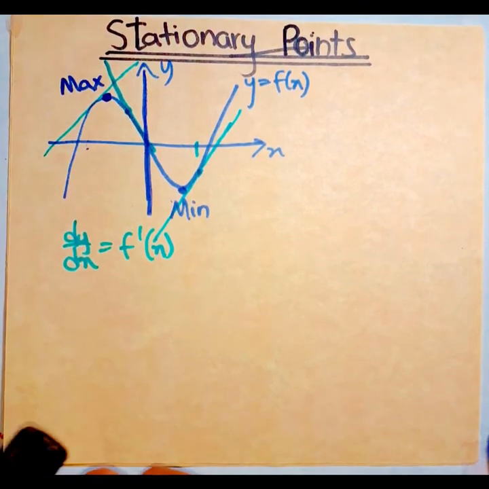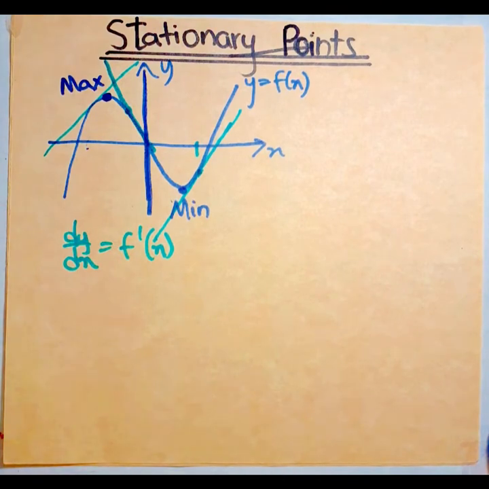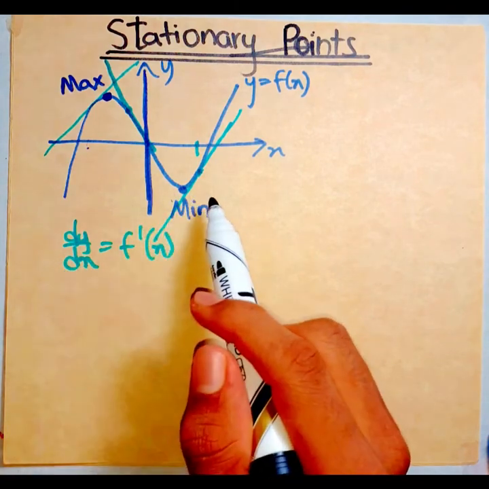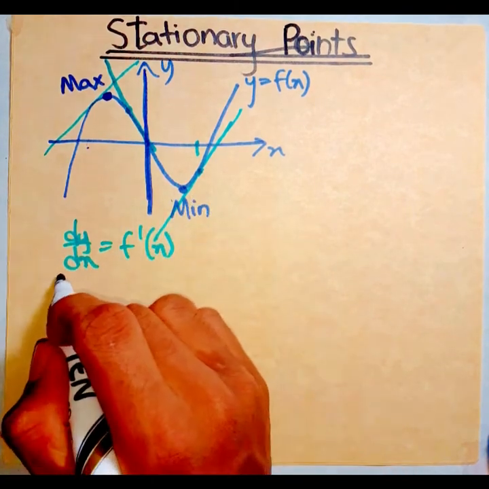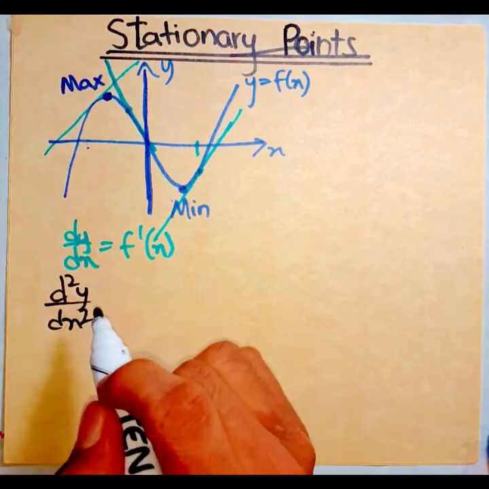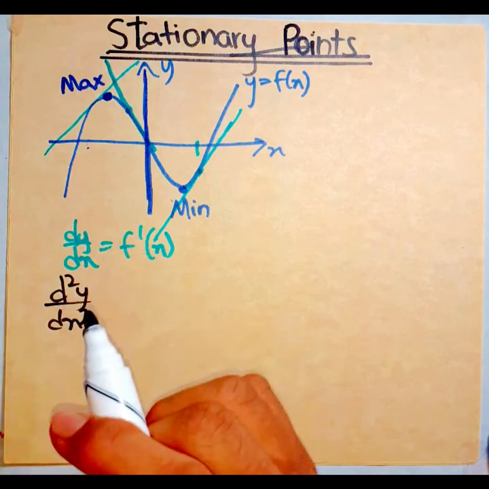So now we'll be looking at another special feature under differentiation. We found dy by dx over here, and that refers to the gradient of the tangent. Now another special property is that d squared y by dx squared has something to play over here.